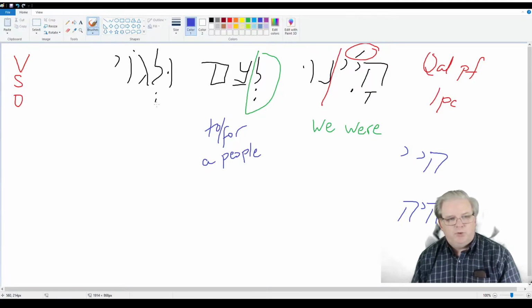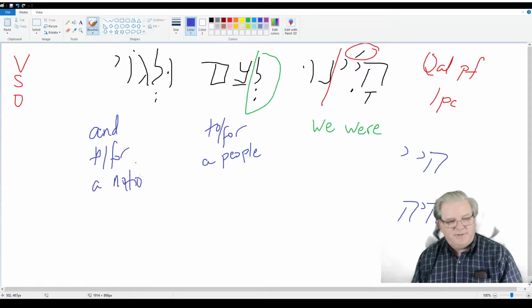And then lagoy. I don't see very often, but eventually I'm going to get, there's nothing else it can be. It has to be and, right? So that's and. So we'll put that up there. And then another l, just like the one in the green there. So that's and to or for a goy, a nation.